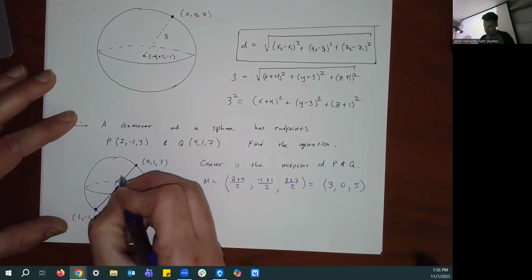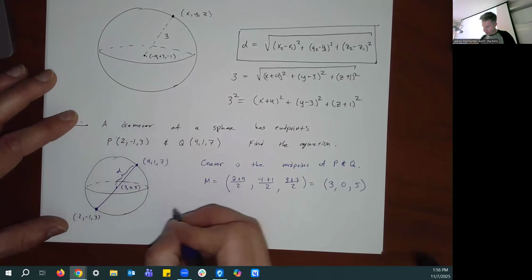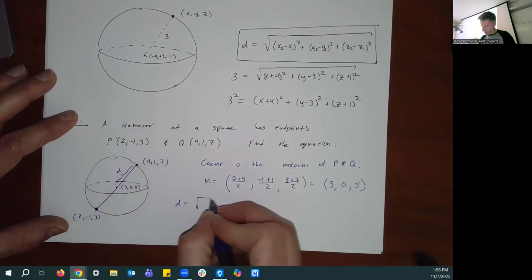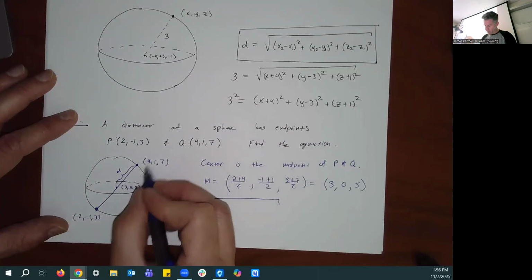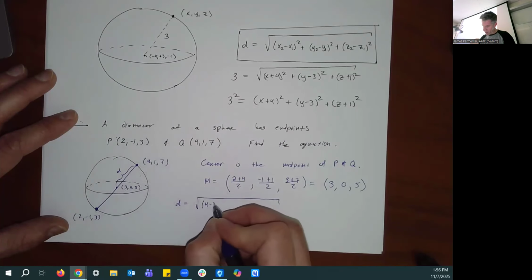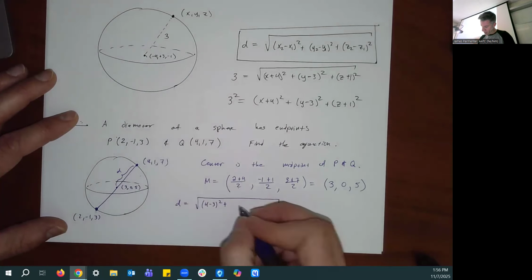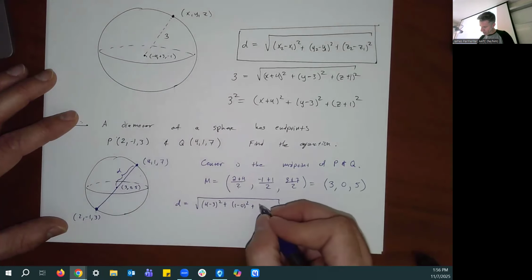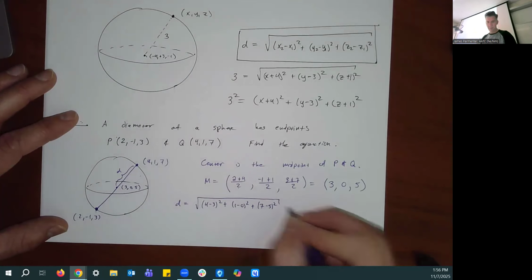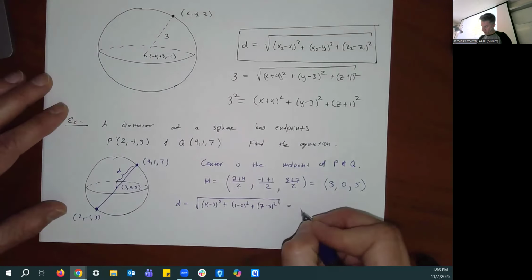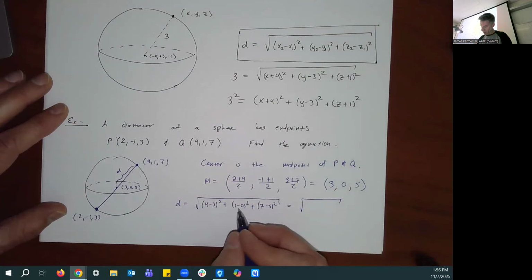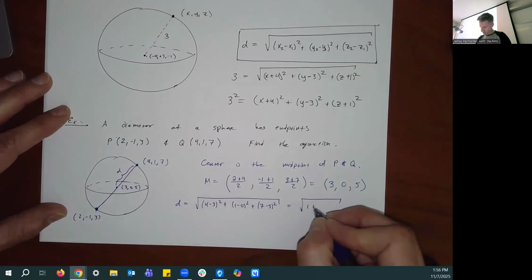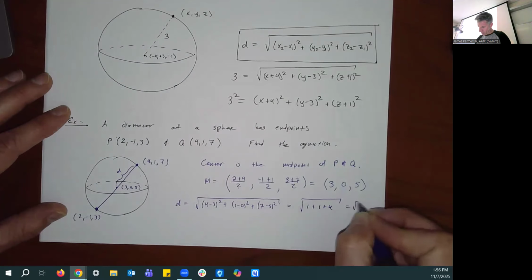So this distance here is going to equal the square root of 4 minus 3 squared plus 1 minus 0 squared plus 7 minus 5 squared, which is equal to the square root of 1 plus 1 plus 4, which is the square root of 6.